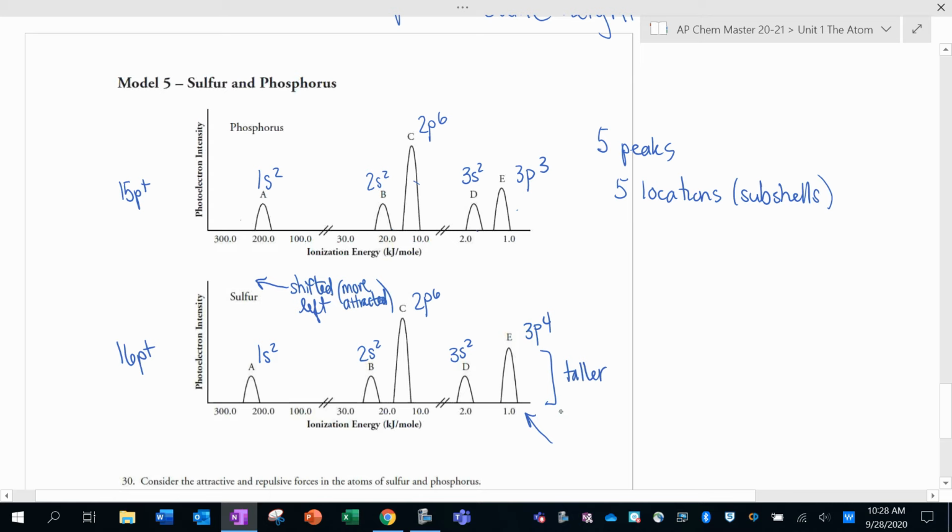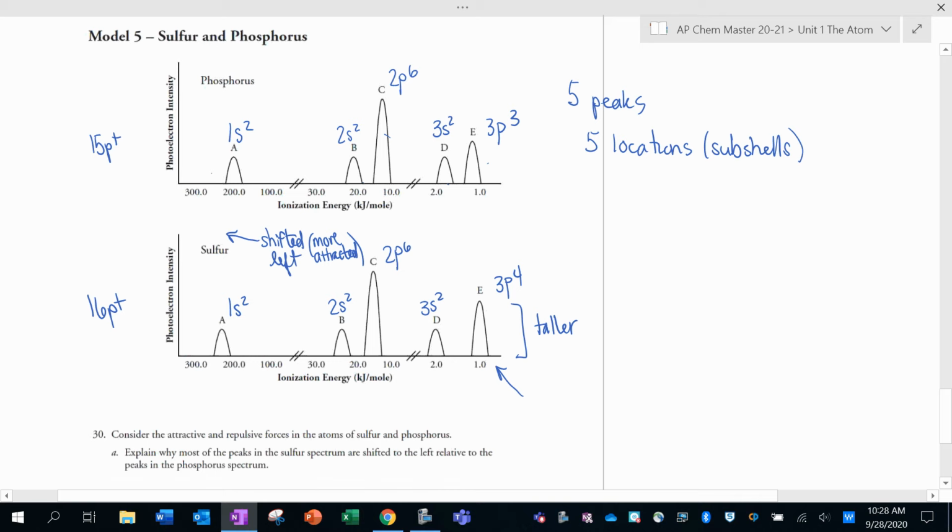And if you're trying to figure out why that is, you can look at the orbital diagram. So over here with phosphorus, with the 3p3, what you have is 1 electron in each orbital. Whereas down here with the sulfur, with the 3p4, notice that we have 2 electrons that are in the same orbital here.